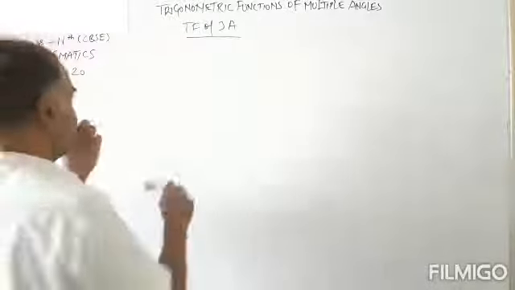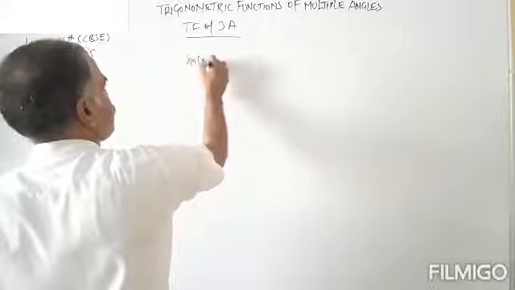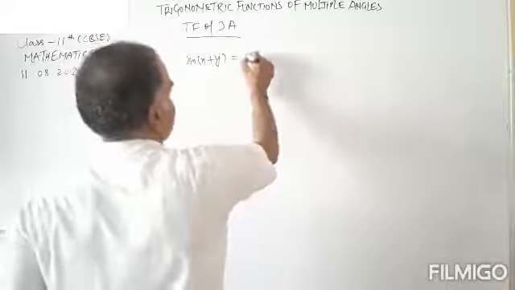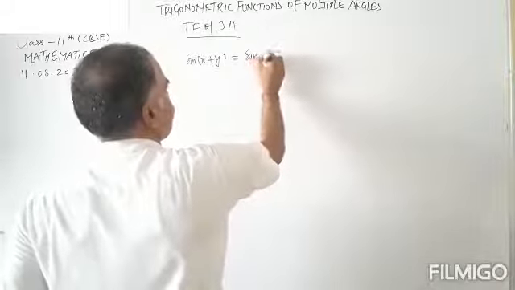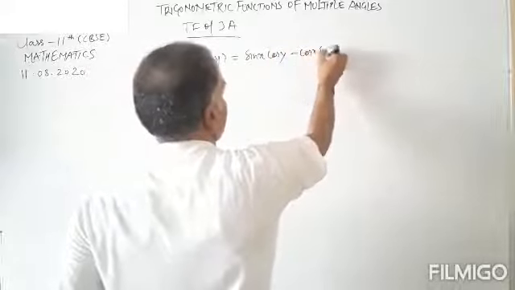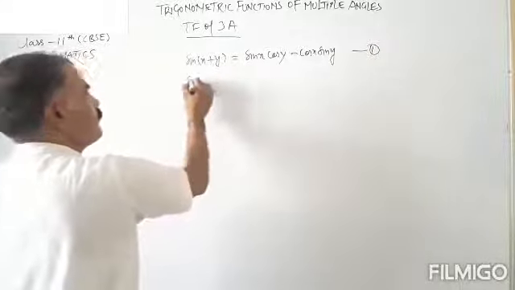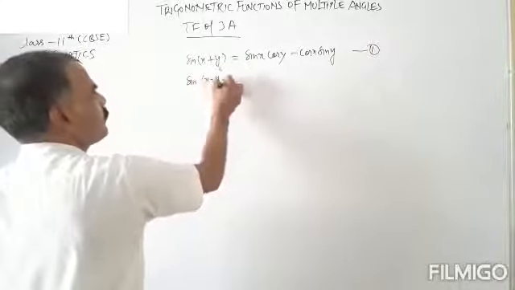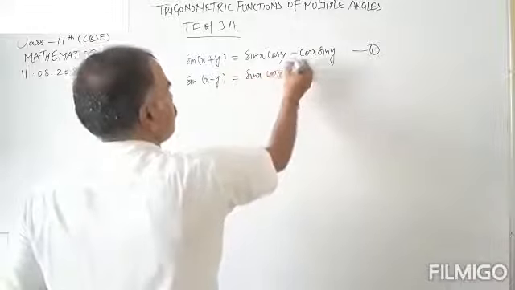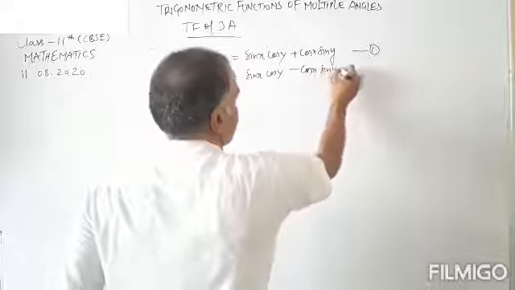Sin of x plus y is equal to, we know, sin of x cos of y plus cos of x sin of y. Equation number first. And then sin of x minus y is equal to sin of x cos of y minus cos of x sin of y.